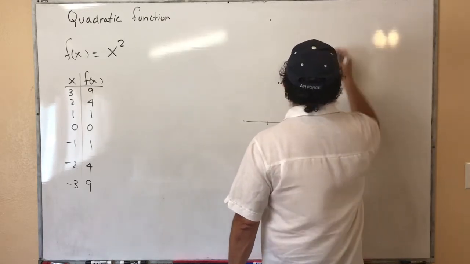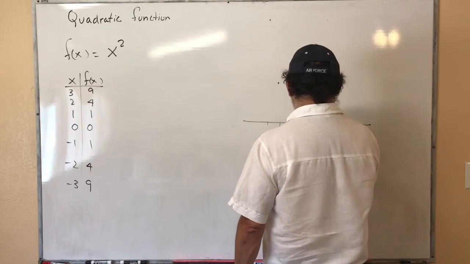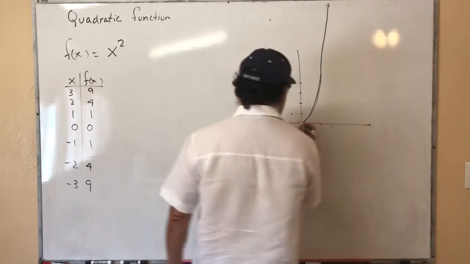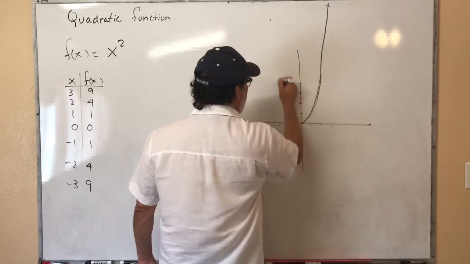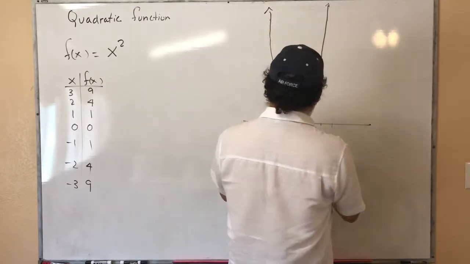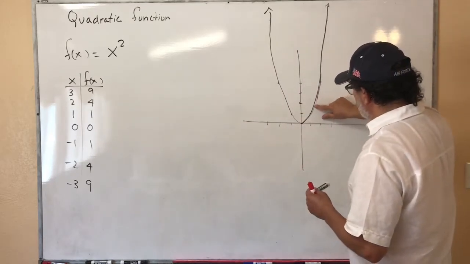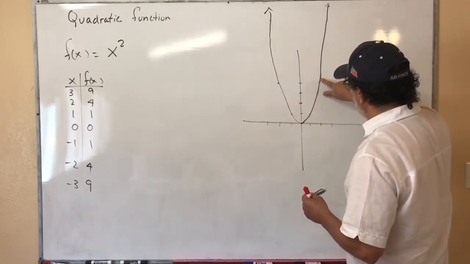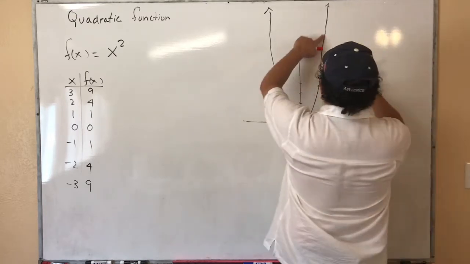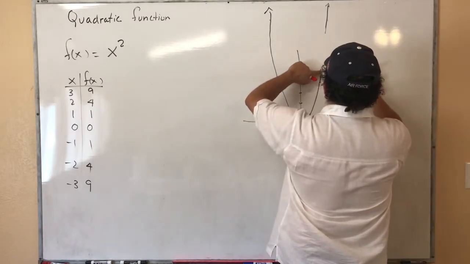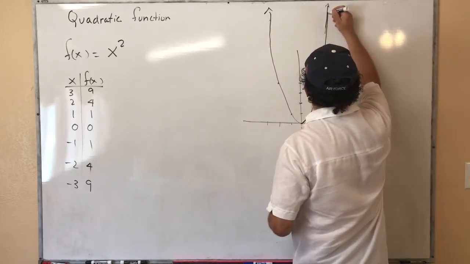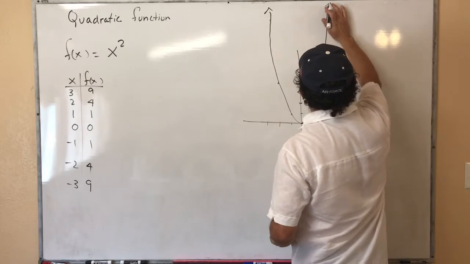Let me do this again. There we go. And so we have this parabola. We call this a parabola, and it should look better than this. It should look a lot nicer. Yeah, that's better.